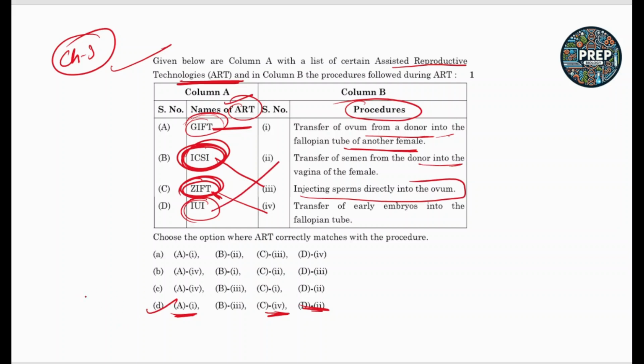So the answer is D. These all terms we have already discussed in the classes. If you want to see the classes of these topics, I have mentioned the links of each and every chapter of Unit 1 in the description box. You can check it out from there.